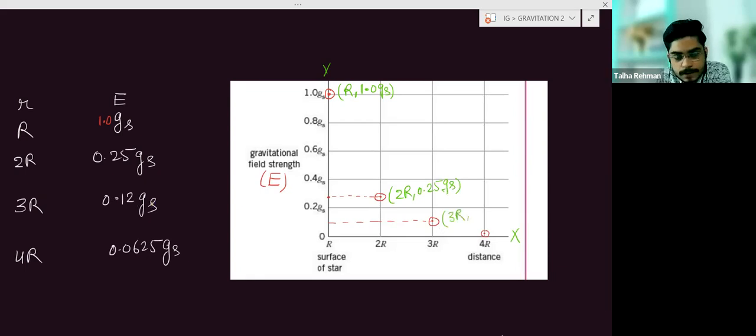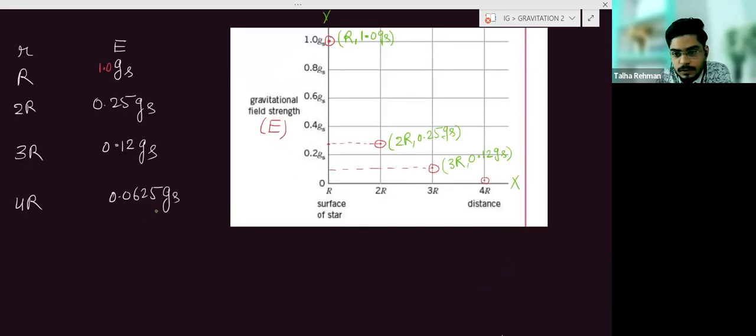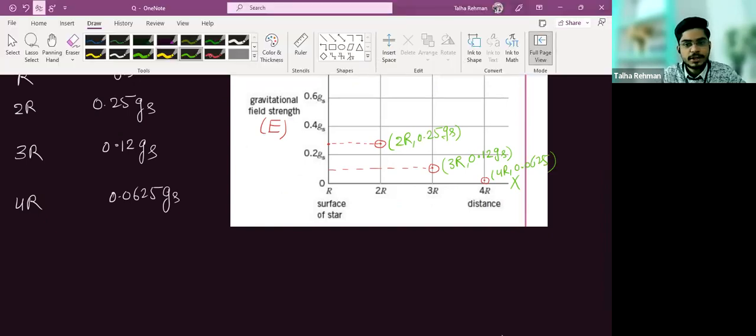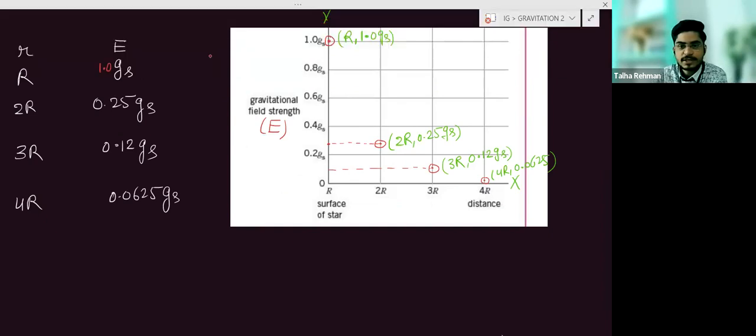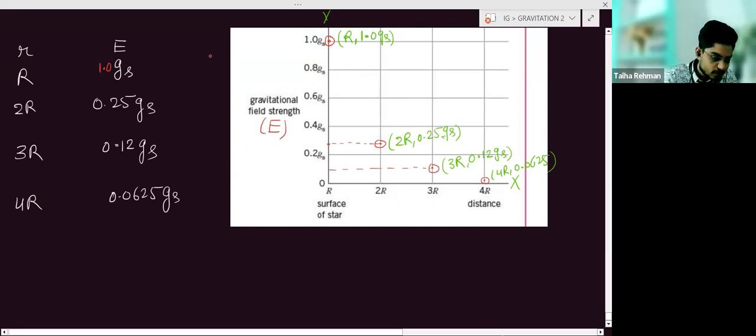Now this point is 4r, comma 0.0625. So now join all these points, you will get the graph. On joining these points, we will get a graph. So basically, this graph will be like this. Actually, exactly drawing this graph is very difficult on this.